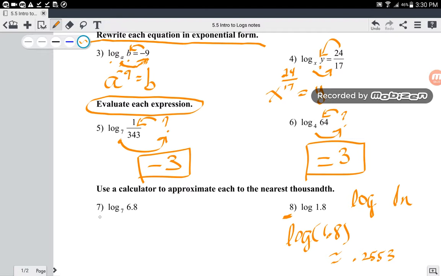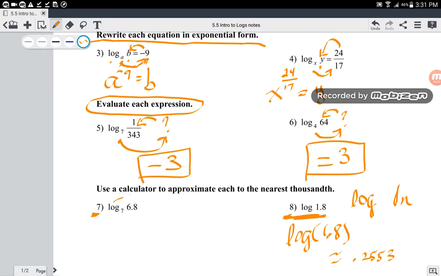But like number 7, you're often given a logarithm with a base that doesn't show up in your calculator. When you're given, like number 8, a logarithm with no base, it means base 10. When you're given something other than a base 10 and asked to evaluate in the calculator, you're going to have to do this thing. It's called the change of base formula.